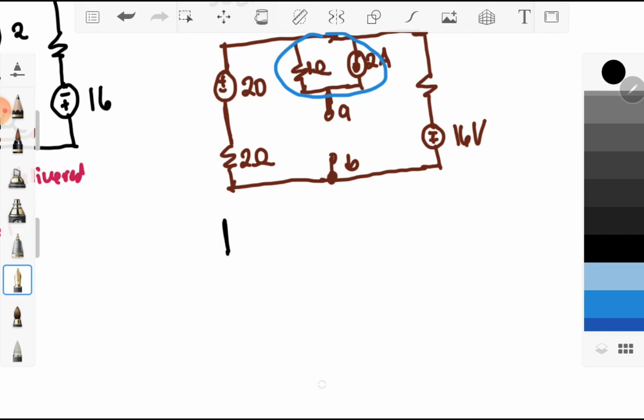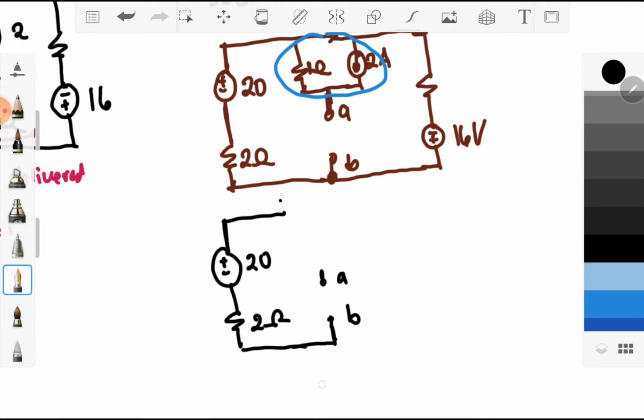Using source transformation on my 1 ohm and 2 ampere, I will have 20 volts, 2 ohm, then our terminals AB, and then 2 ampere multiplied by 1 ohm, and the current source is going down, therefore I will have negative 2 volts and a series resistor 1 ohm.